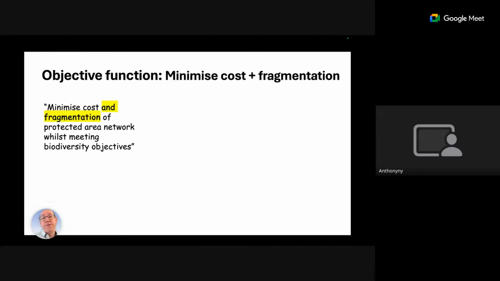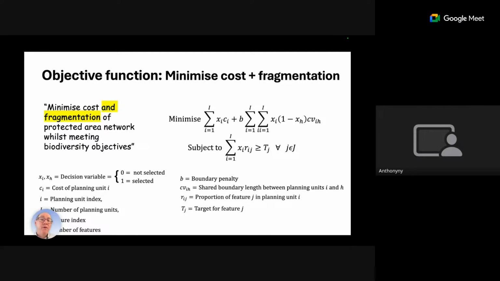All right, another objective function is we can take that cost, but we can add in fragmentation. So you can think of fragmentation as the different planning units being very spread out, and maybe you want them to be more clumped, because it's easier to govern, and there's probably some biodiversity benefits if things are more clumped together too. So we can have a different objective function. You can see the first part is the same, so there's the cost, but we add this fragmentation part.